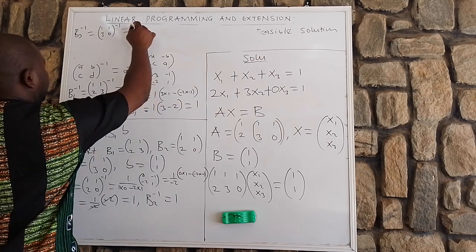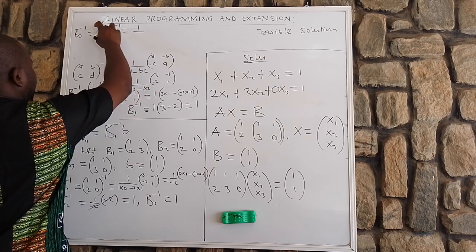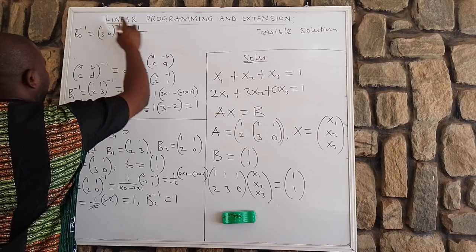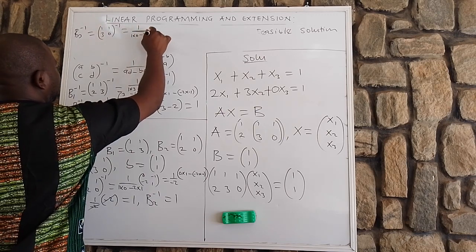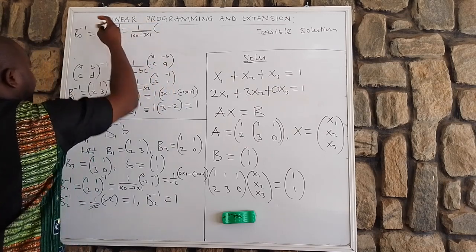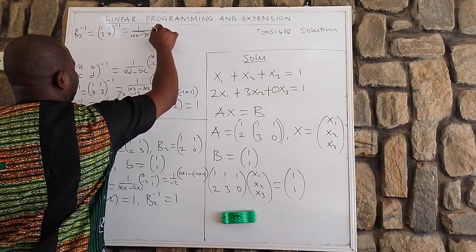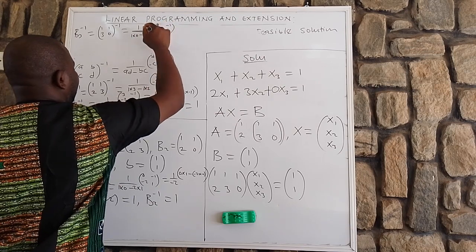That is 1 all over, our A is 1, D is 0. So 1 times 0 minus 3 times 1, open bracket. I told you A and D will interchange. So here will be 0, 1, minus 3, minus 1, isn't it?